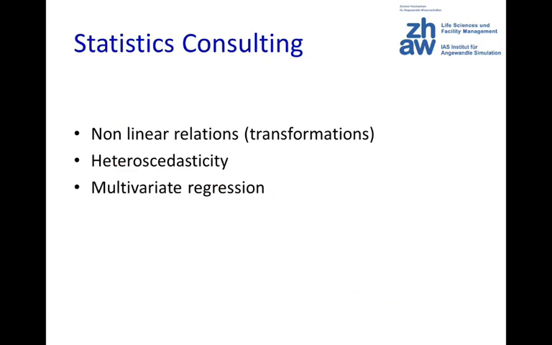Multivariate regression will be the topic of the next podcast. We will try to give an overview of what you can do if you have more than just one variable x, but maybe you have x1, x2, x3, x4, and you would like to relate a target variable y to all these independent variables.